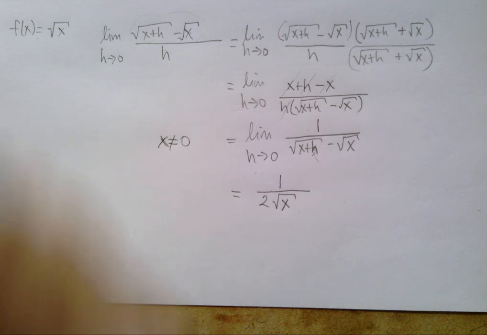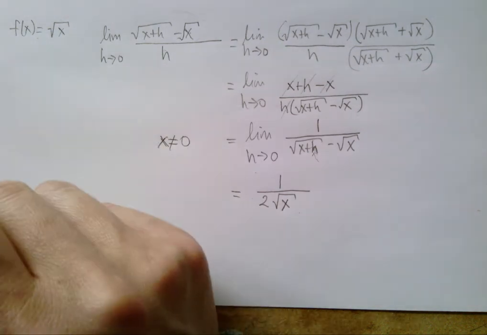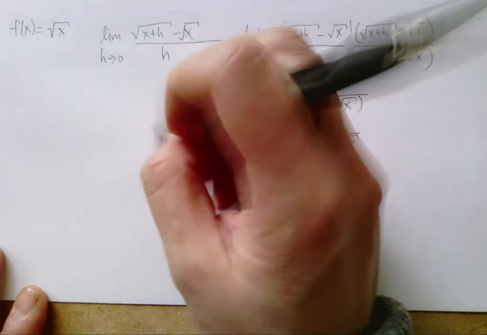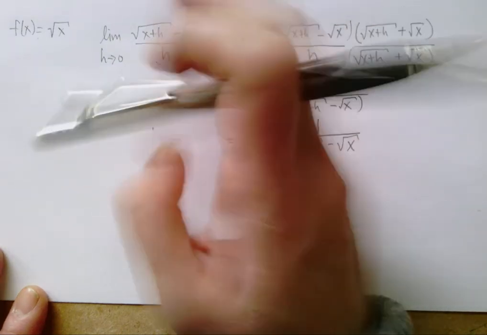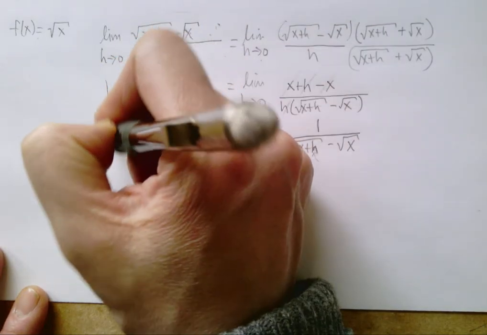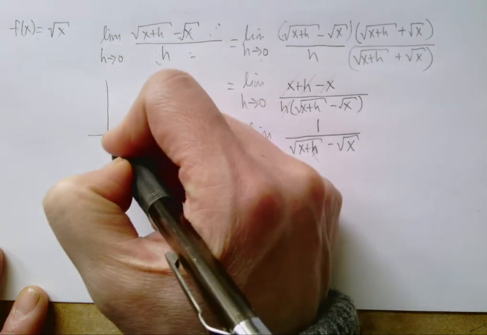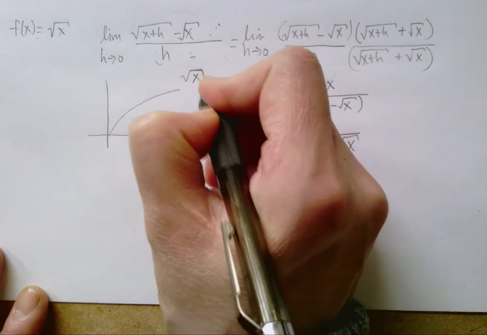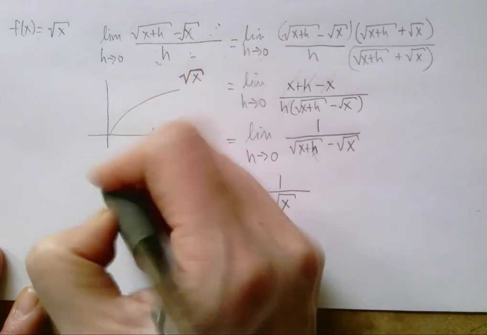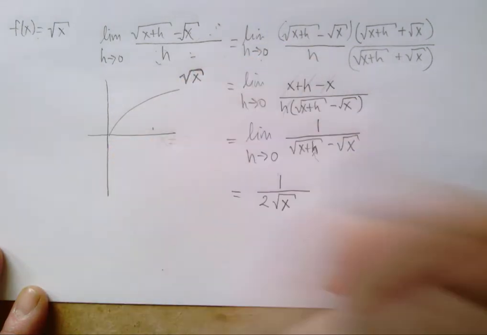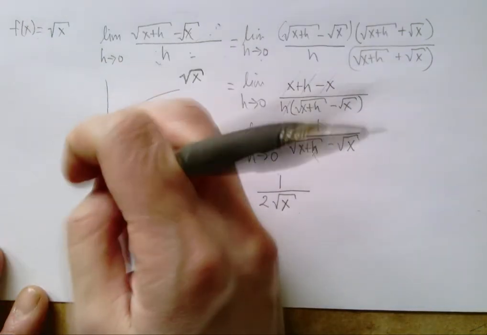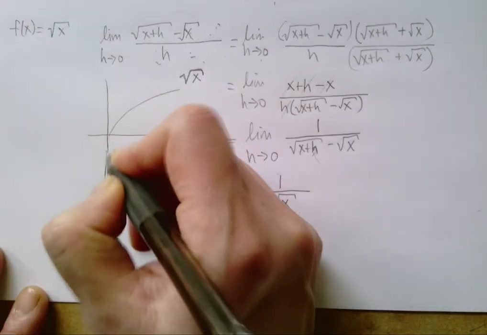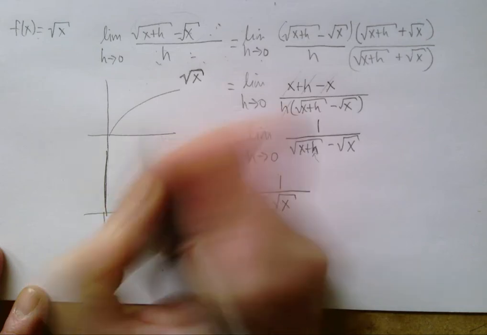And again, let's see if that coincides with our intuition of what the function should look like and what its derivative should be. Radical x, so let's draw the derivative underneath it.